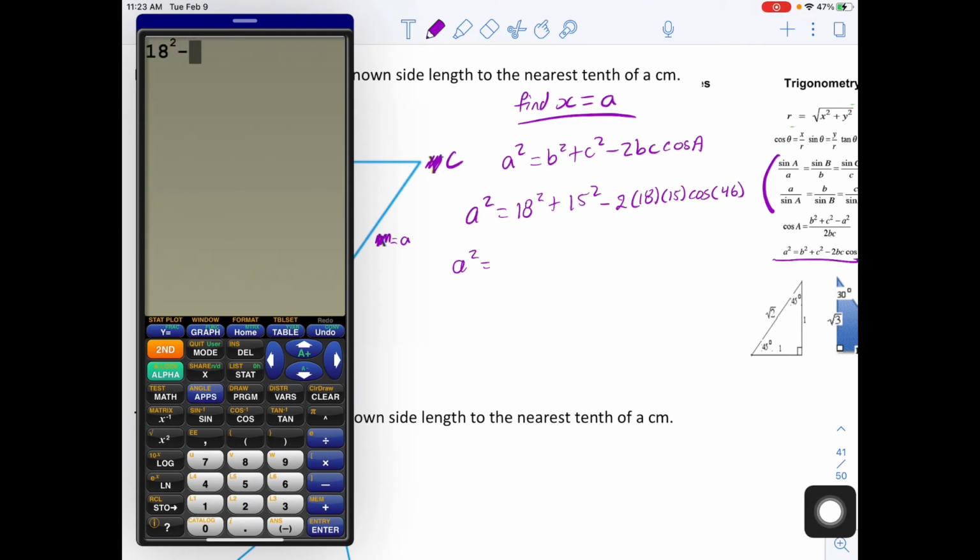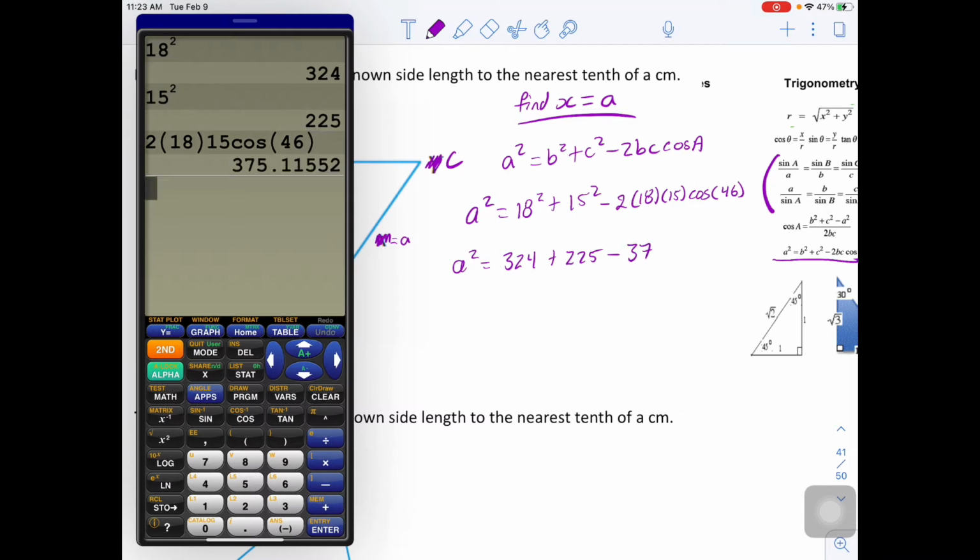I'm probably going to do it one at a time to begin with. So this is 18 squared, so 324, plus 15 squared, which is 225, minus 2 times 18 times 15, and then times cos 46. Remember to be in degree mode.